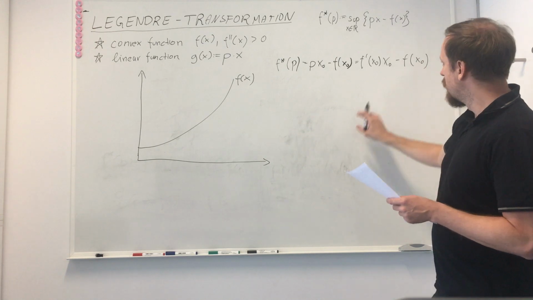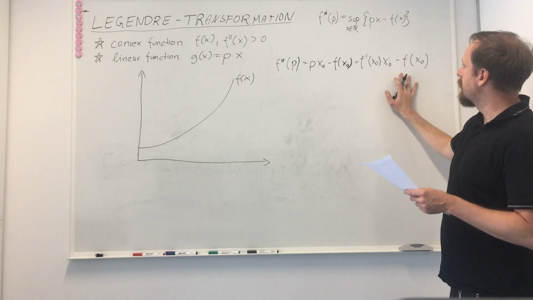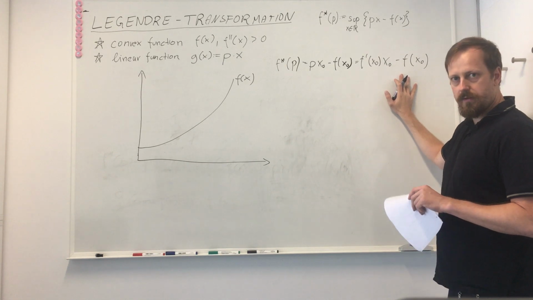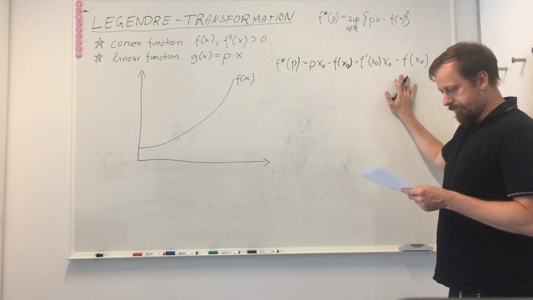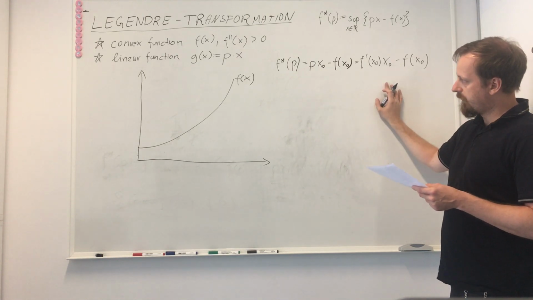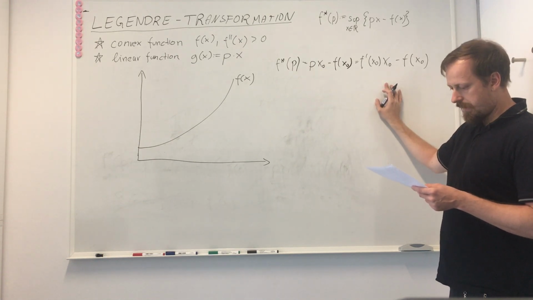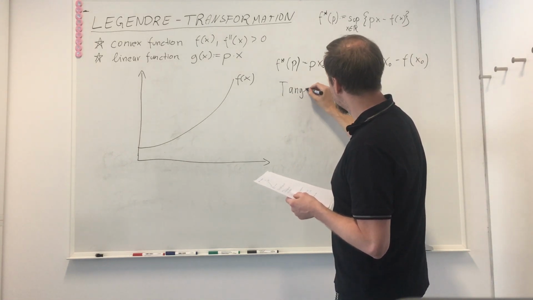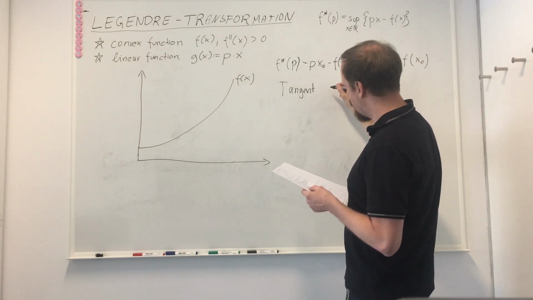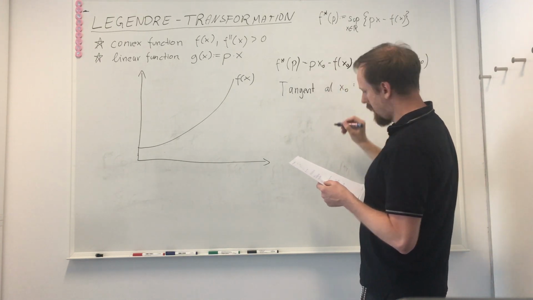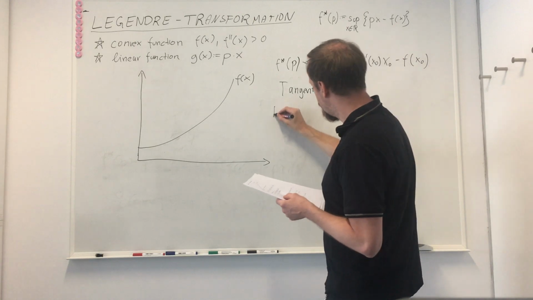And to make a geometric interpretation with this, we first have a look at the tangent to the function f of x at x naught. So let's do this. Tangent line, tangent at x naught. Let's call it h.